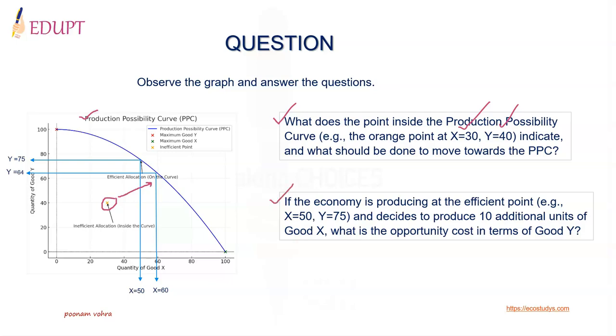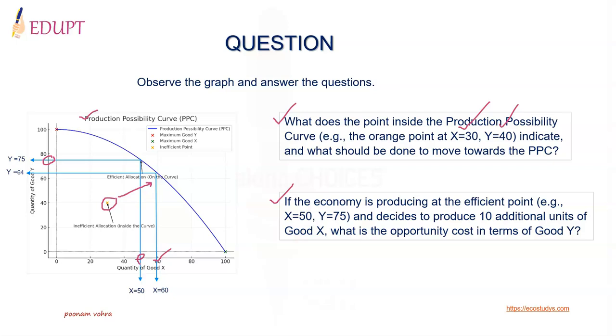Question 2. If the economy is producing at the efficient point where x is equal to 50 and y is equal to 75, and decides to produce 10 additional units of good x, that is from 50 to 60, then what is the opportunity cost in terms of good y?